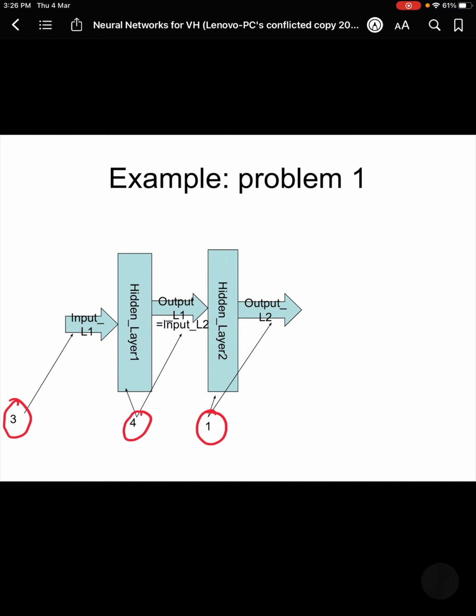As you know, the weight matrix will be dependent on the number of inputs and the number of neurons, so let me call it W1. Then, depending on how many outputs there are, that will form the input to the second layer, hidden layer 2.